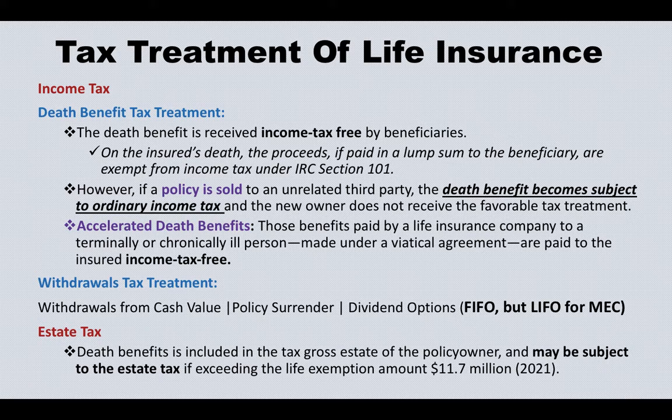The lifetime exemption amount is 11.7 million in 2021. If during your lifetime you have been gifting, those gifts will be included in the estate to exhaust this 11.7 million. That's something you need to know when you have a larger death benefit of life insurance.